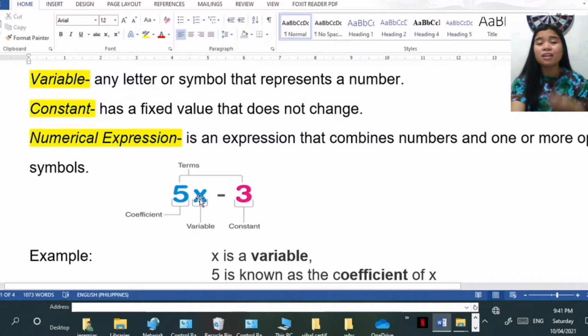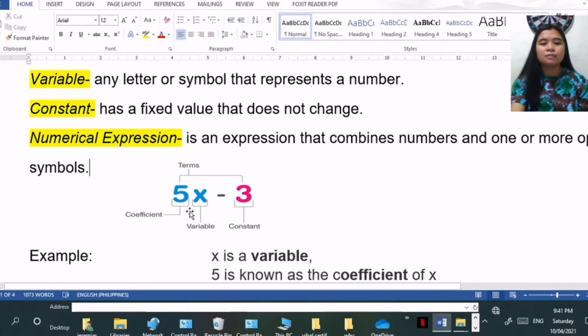So this x represents a number. It can be 1, 2, 3, any number. That means the 5 is not fixed. It can change, because if x is a number, the value changes depending on the value of the variable you multiply. That is why it is not called a constant. It is called a term, or terms if there are many.